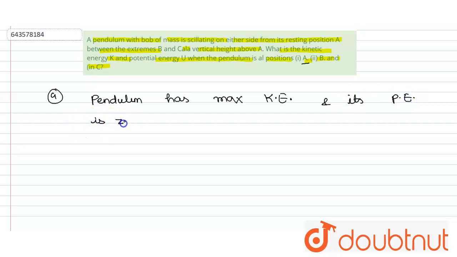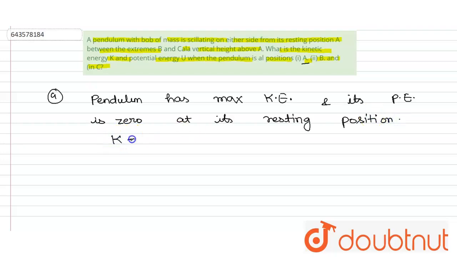So, when the pendulum is at position A, then the pendulum has maximum kinetic energy and its potential energy is 0, at its resting position.